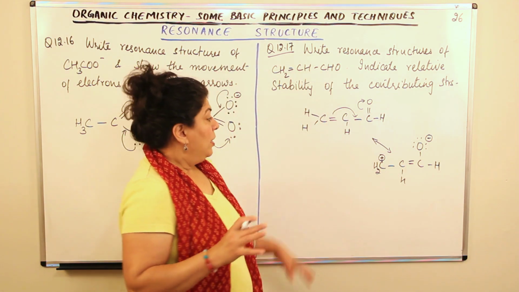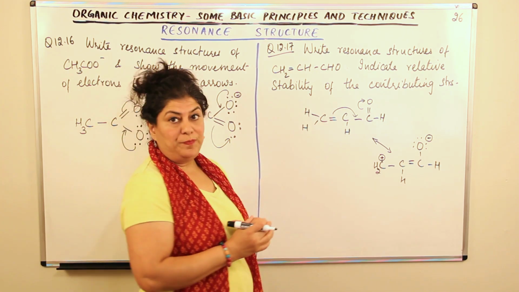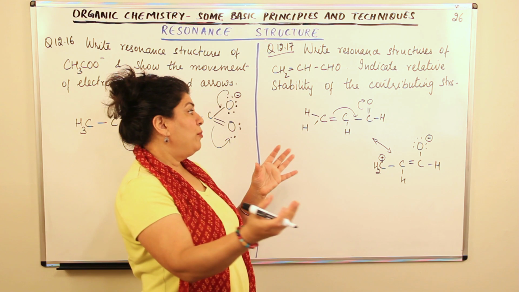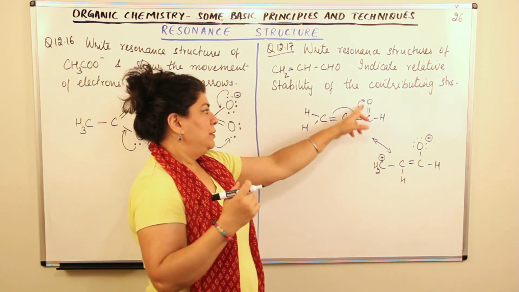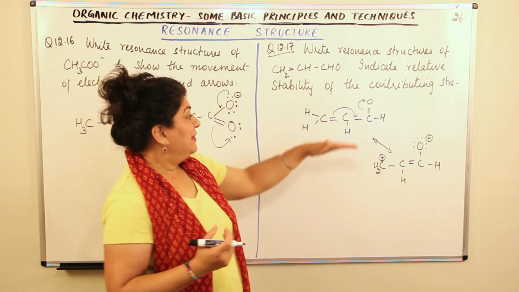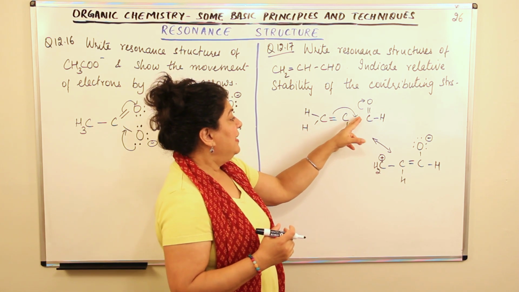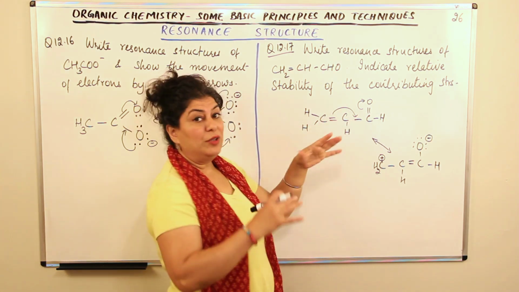Is it clear? Now let us assume that instead of the electrons moving towards oxygen, the electrons had moved from oxygen, from this double bond to this position, then what would have happened? If electron density is increasing here, then it will lead to repulsion on the other side.